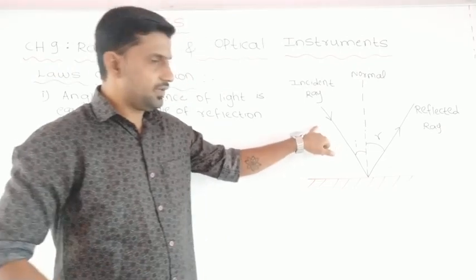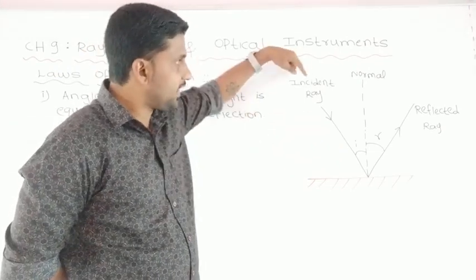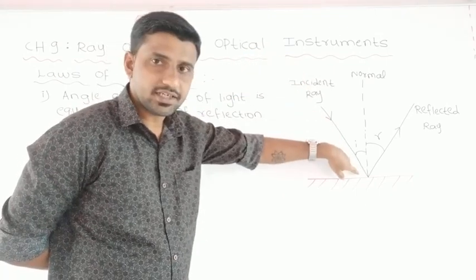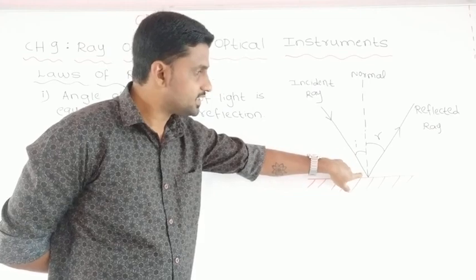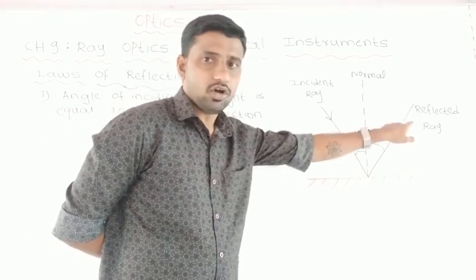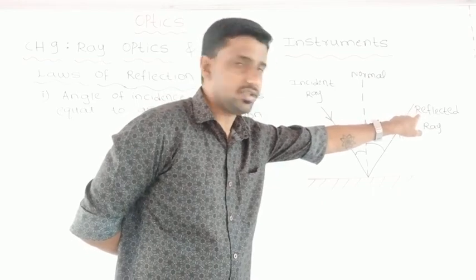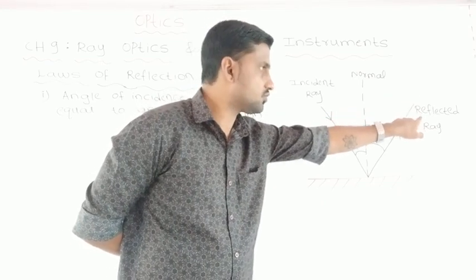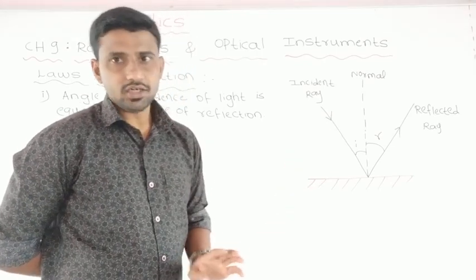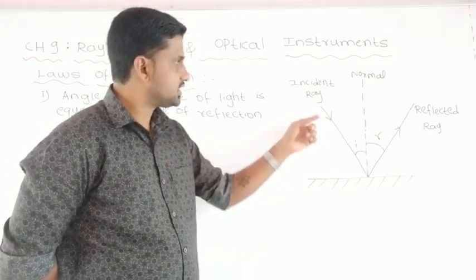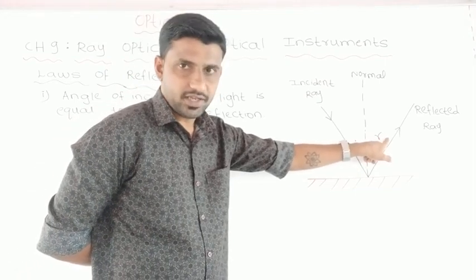See here, we already know the meaning of reflection. If I incident a ray on the reflecting surface, after hitting the reflecting surface, that incident ray will reflect or turn back to the medium, and that ray which is turned back is called a reflected ray. And here we observe there are two angles. One is the angle of incidence, I, another one is the angle of reflection.